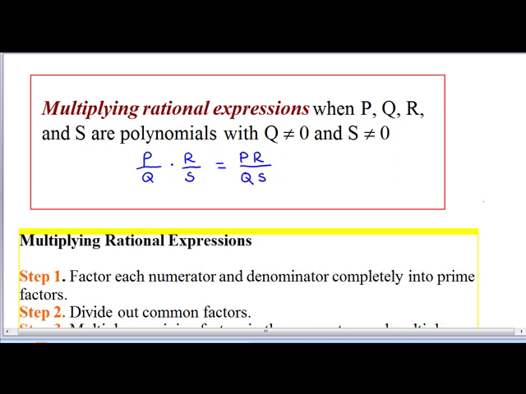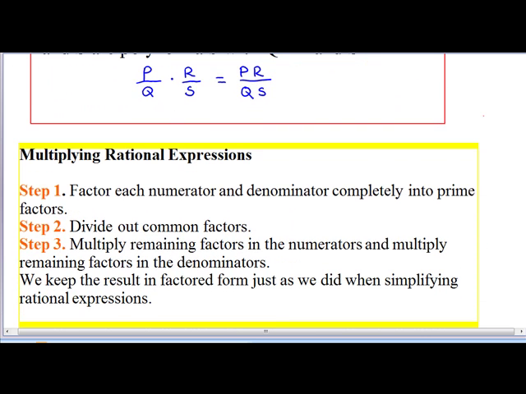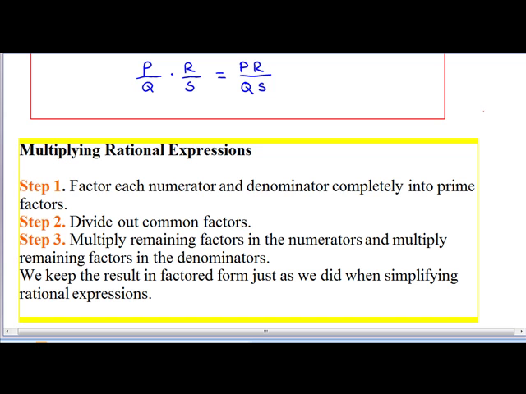Now, to multiply a rational expression, these steps that we show you are the best way. The first step is to factor each numerator and denominator completely.